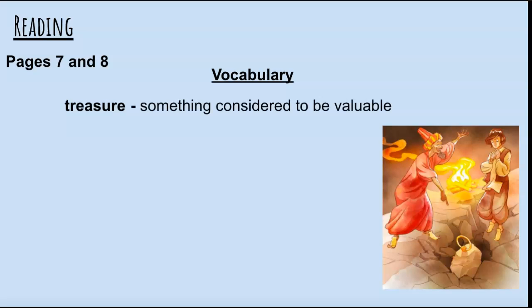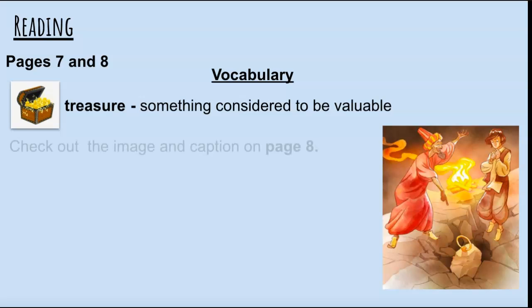Next, we're moving to pages 7 and 8. The vocabulary word on these pages is treasure. Everybody say treasure. It's something considered to be valuable. We think of a pot of gold maybe at the end of a rainbow or a treasure chest. Look at the caption on page 8. It says, the magician told Aladdin what to do.